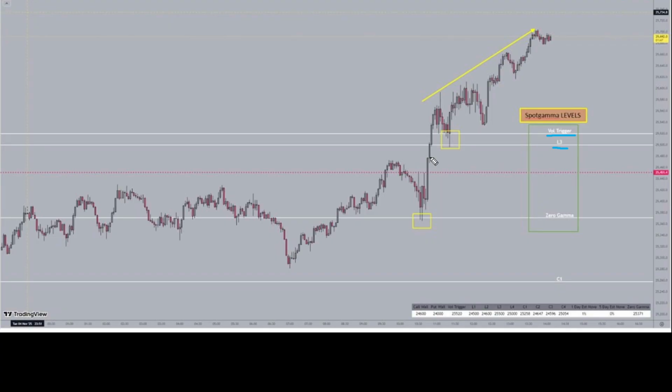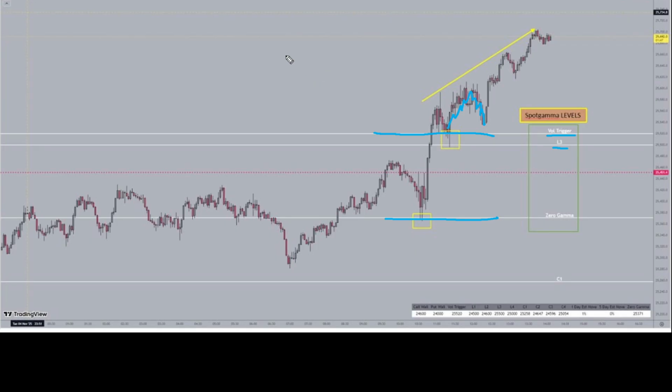Think as a contrarian. What's a contrarian? Because when price crosses this level and crosses this level, the market makers and the dealers sell futures or options when price goes higher and buy when price goes down.